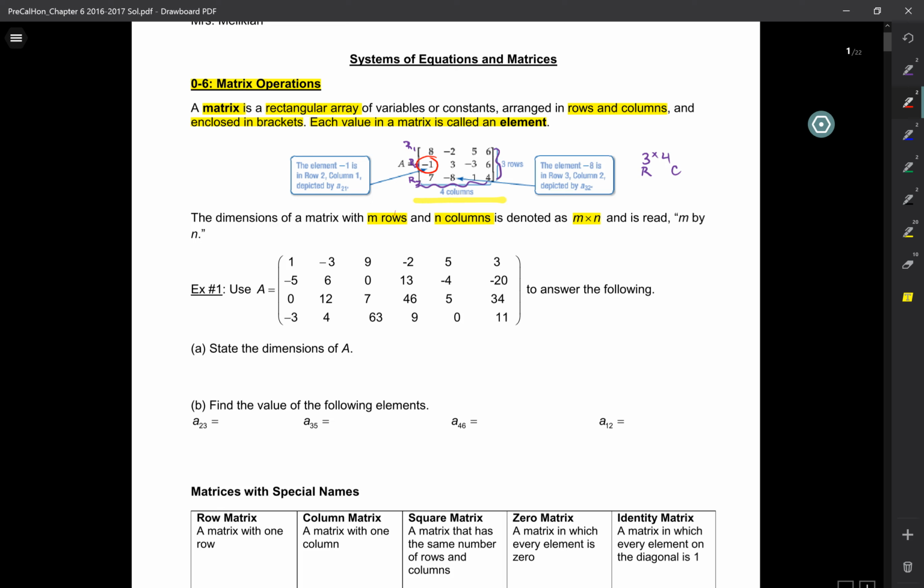Now, if the entire matrix is given the name A, then each entry will be referred to as lowercase a. So in the case of this -1, it's lowercase a 2 1. We don't do commas. This one is a 3 2.